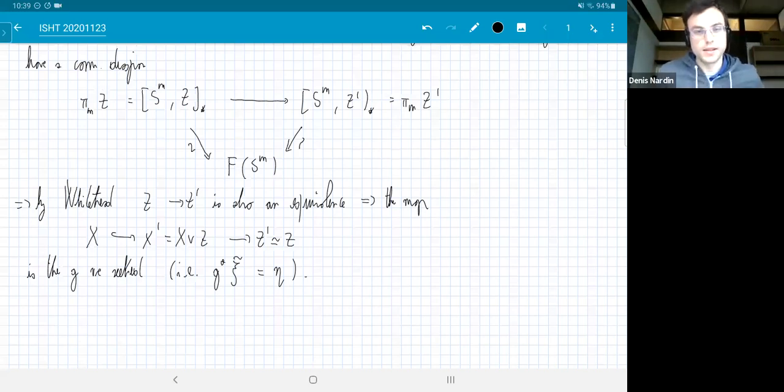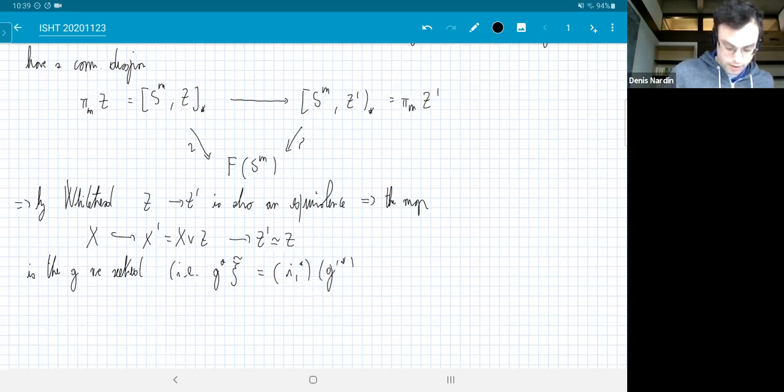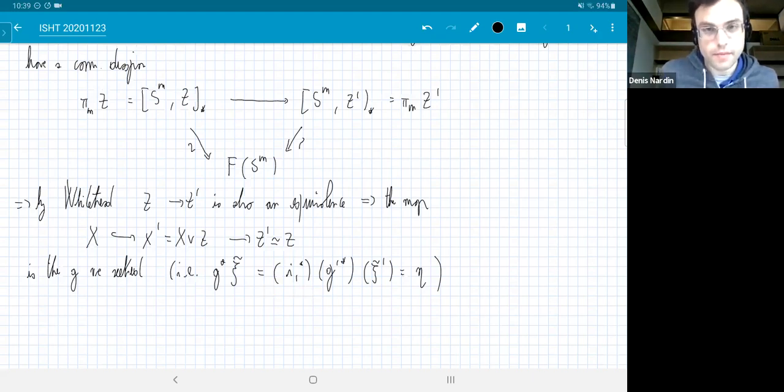Because this is the same as the first inclusion upper star of g prime upper star of psi tilde prime, and that was just eta, because that's how we defined psi tilde prime. It pulled back to eta on x and to psi tilde on z. So this map is surjective.